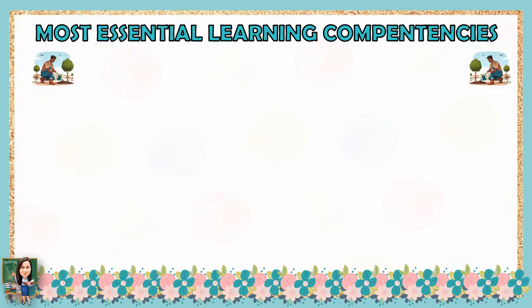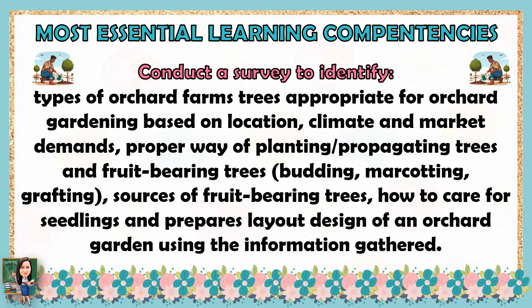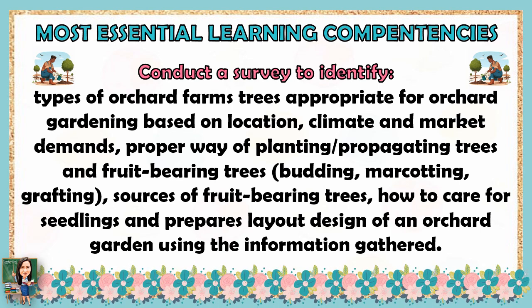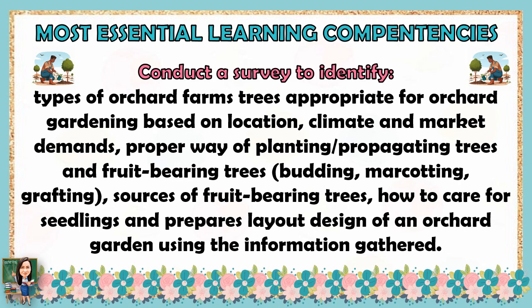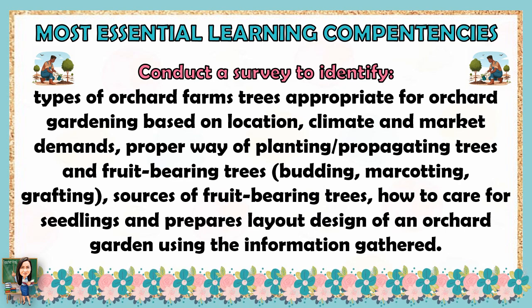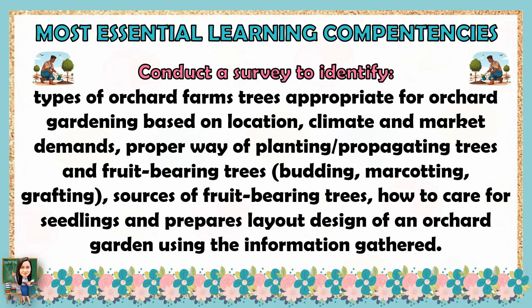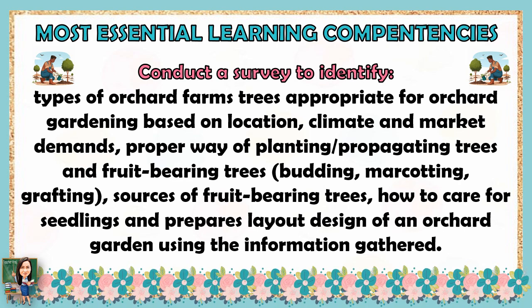For the most essential learning competencies: conduct a survey to identify types of orchard farm trees appropriate for orchard gardening based on location, climate, and market demands; the proper way of planting or propagating fruit-bearing trees like budding, marcotting, grafting; sources of fruit-bearing trees; how to take care of seedlings; and prepare a layout design of an orchard garden using the information gathered.